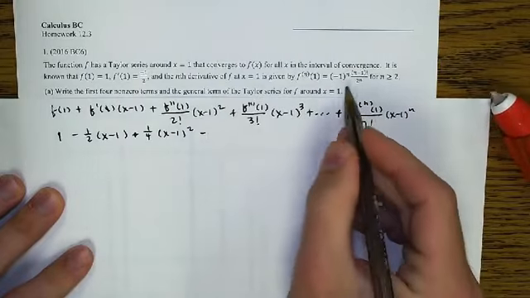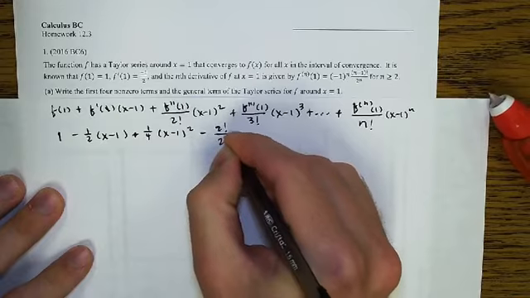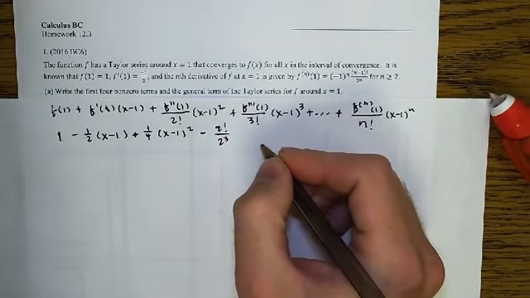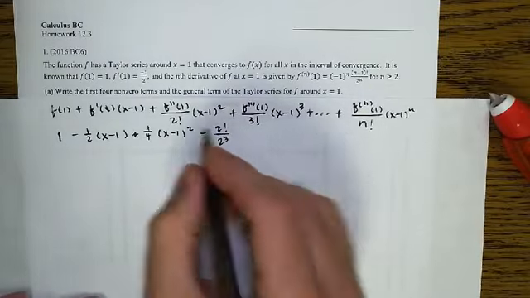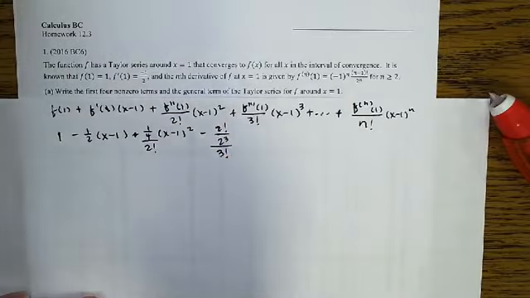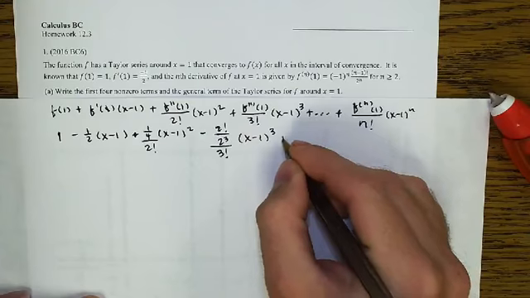Minus 3 minus 1 is 2 factorial over 2 to the 3. Oh, what have I done? I have not divided by 2 factorial and 3 factorial. I bet they got a lot of people with that one. Times x minus 1 to the 3.